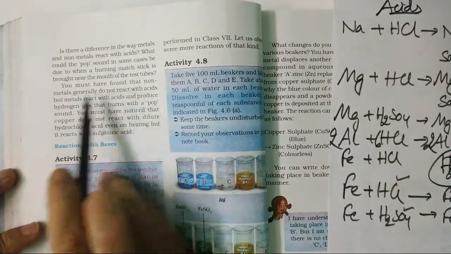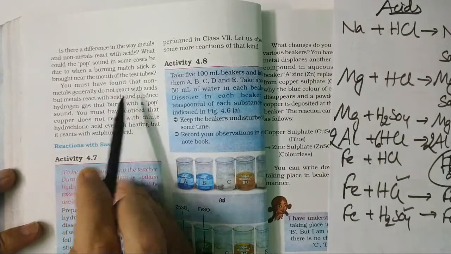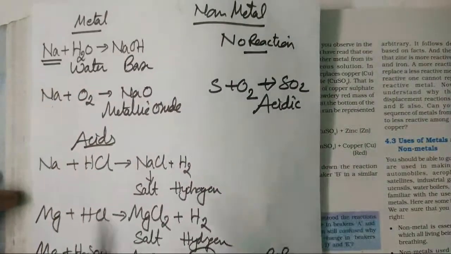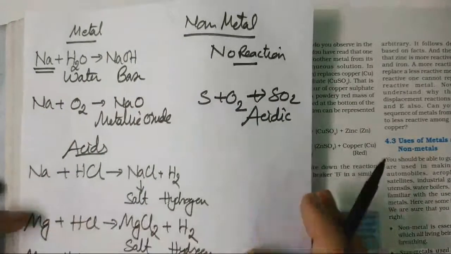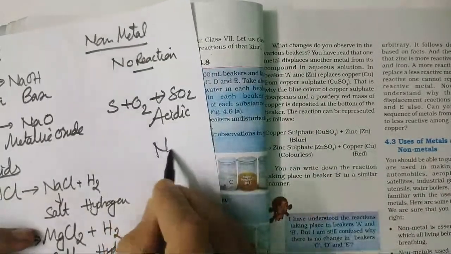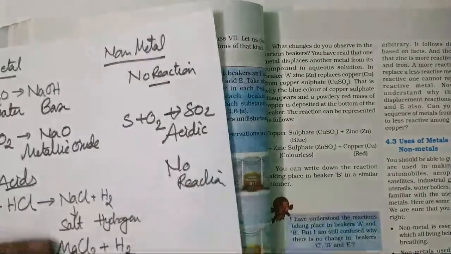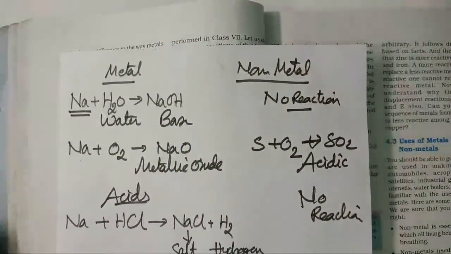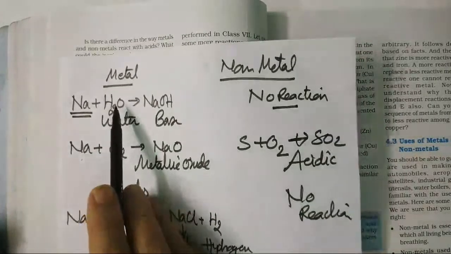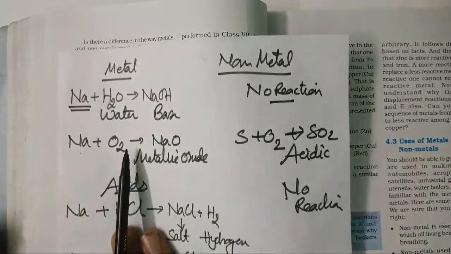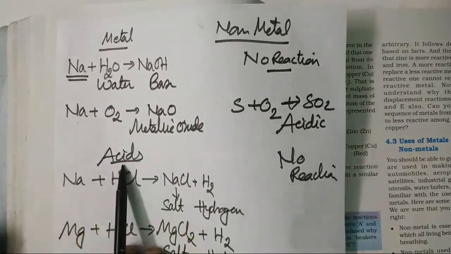You must have found that non-metals generally do not react. So this is the difference. How do metals react with acid? Metals react, but non-metals have no reaction. So we have seen reaction with water, reaction with oxygen, and now reaction with acid.